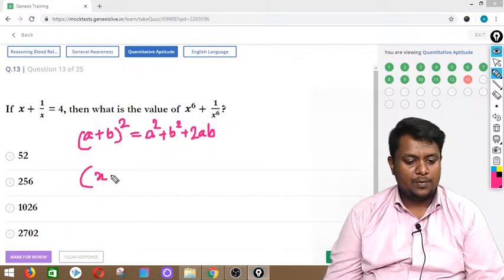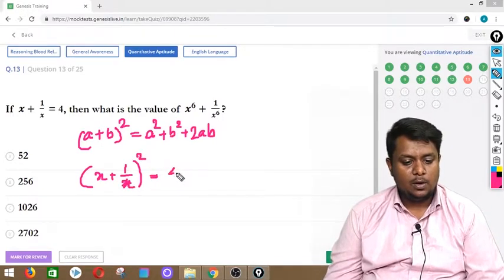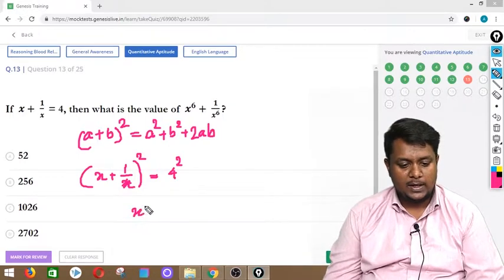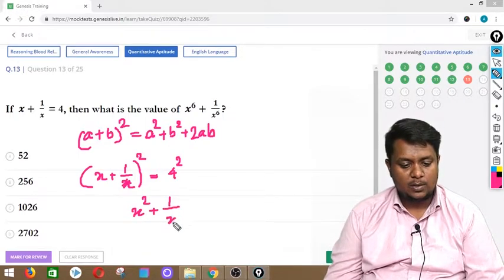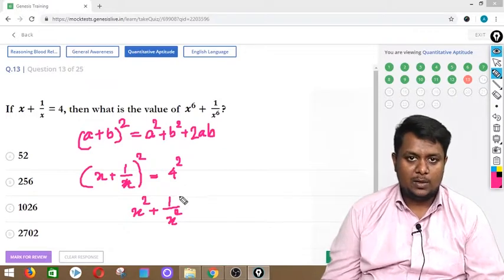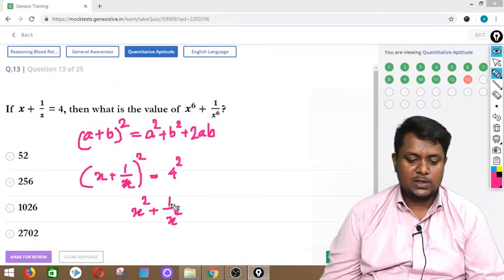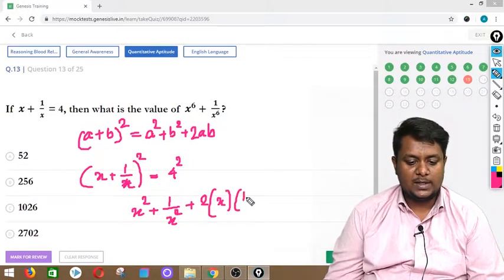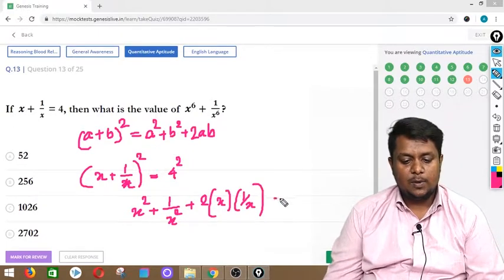Now we are going to take the square of x plus 1 by x, which will give 4 square. So x plus 1 by x the whole square will be x square plus 1 by x square, because 1 by x the whole square is 1 square by x square, which is 1 by x square, plus 2 into x into 1 by x, which is equal to 16.